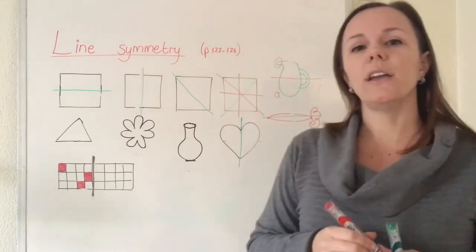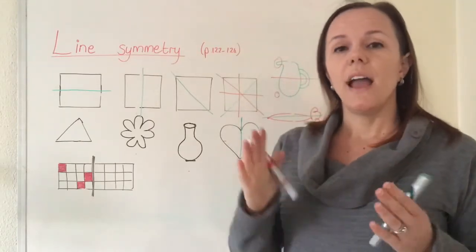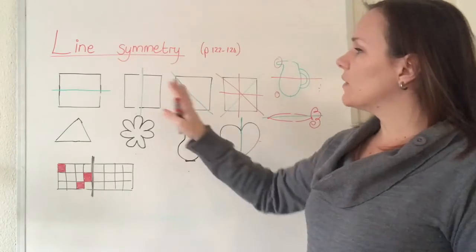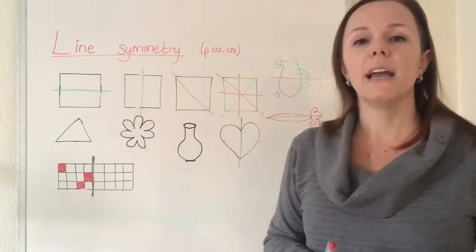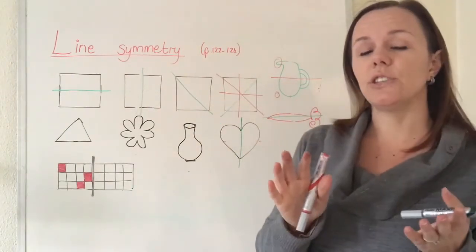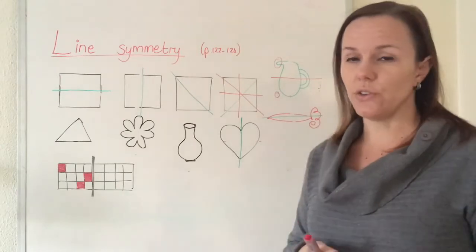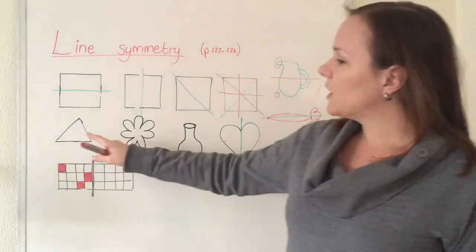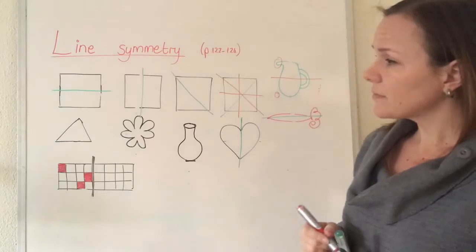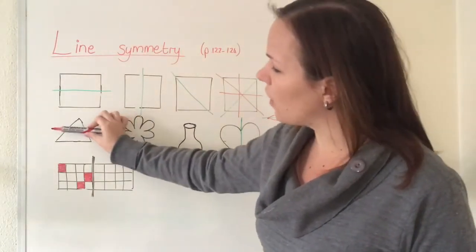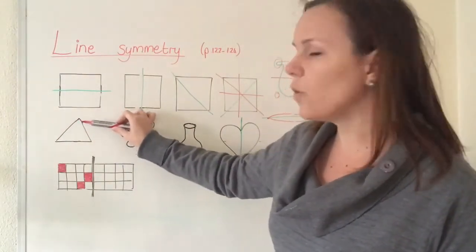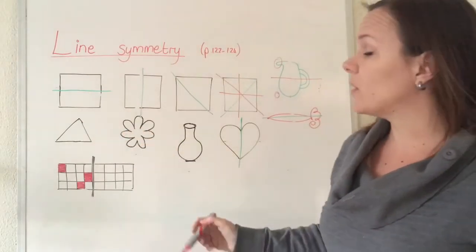There we go. So if you take a piece of paper and you fold it in half, you can fold it in many different ways and still have the same size and shape on the one side as you do on the other. If we look at this triangle, I cannot divide it in half that way. Then I have a small part at the top and a big part at the bottom.